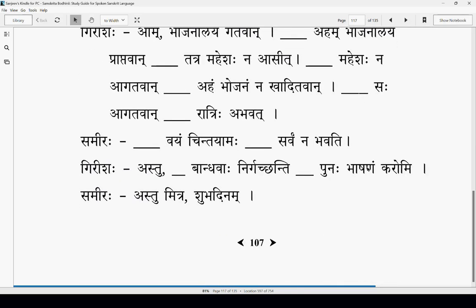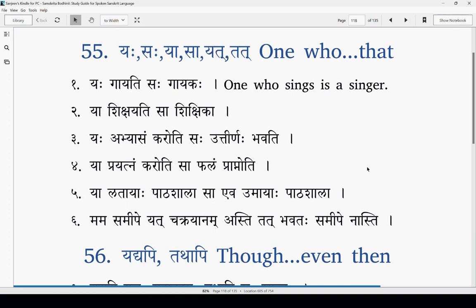So we went through this. Now we have another set here: yaha, saha, ya, sa, yat, tat. We all know what is saha, right? Saha, sa, tat, or even eshaha.